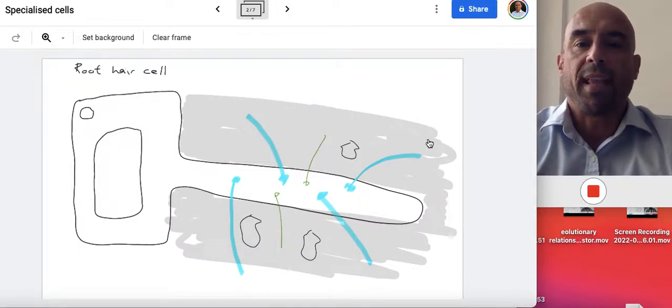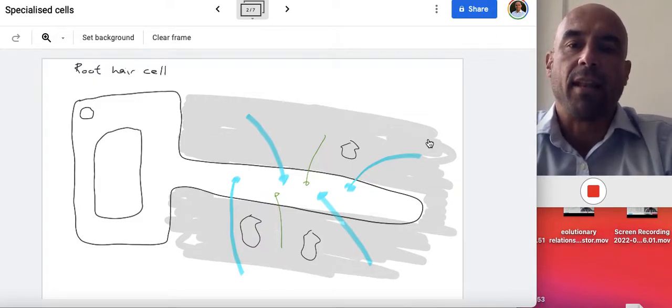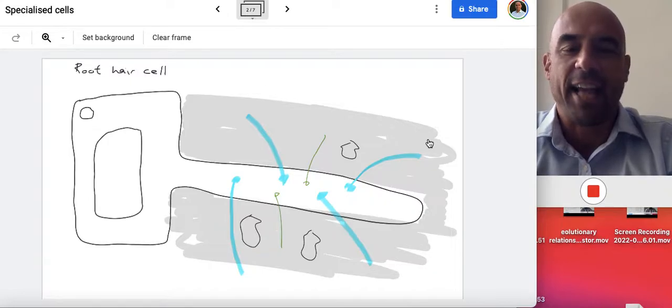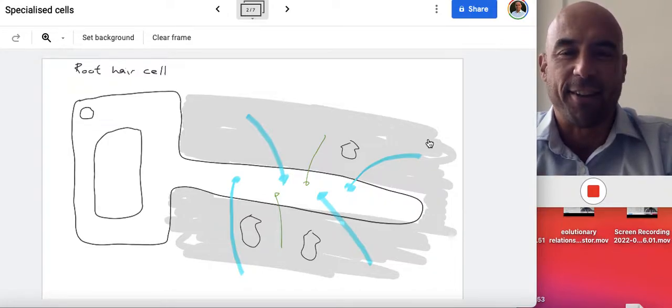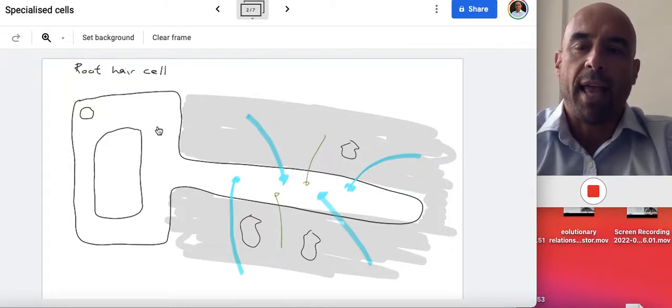The next one is a root hair cell. A root hair cell is a classic case study in structure related to function and also surface area. Surface area is one of those recurring themes that come all the way through biology. So the root hair cell, the structure is a projection.